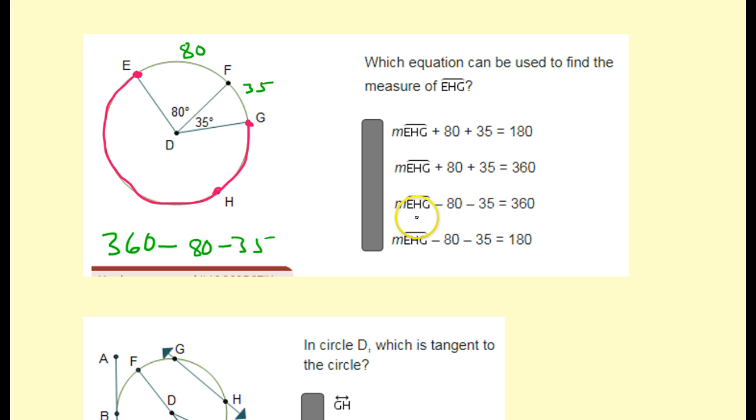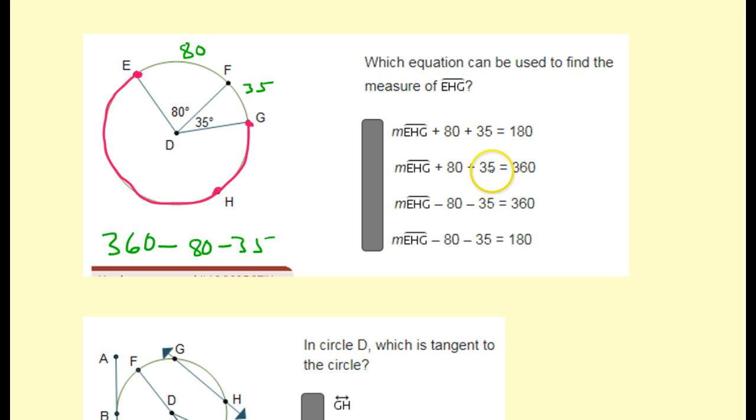So that means, okay, they have it set up slightly differently. This is how I would find the final answer. But let's see, one of these equations basically involves what we were just saying.